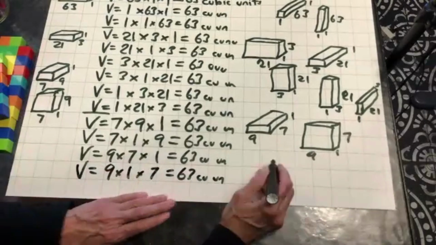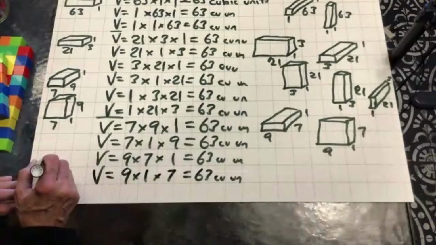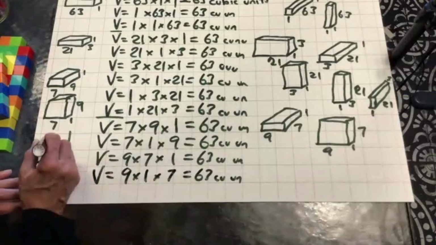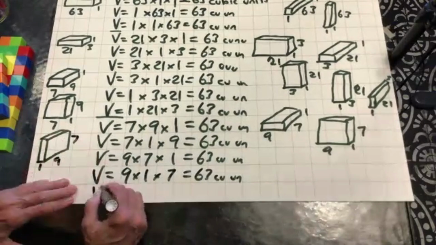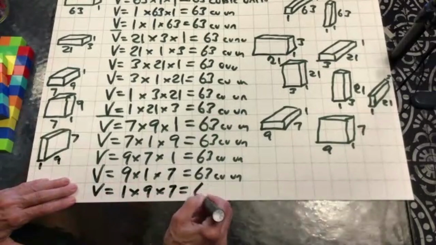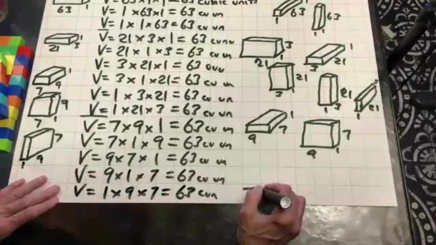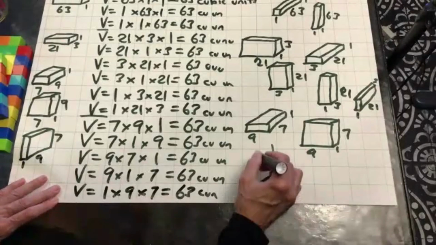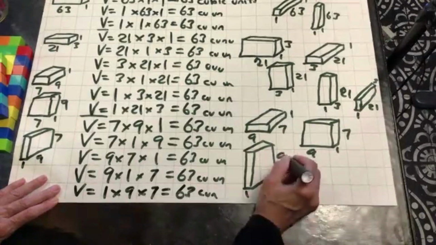And then we have the good old 1 by 9 by 7, and then we have a 1 by 7 by 9.